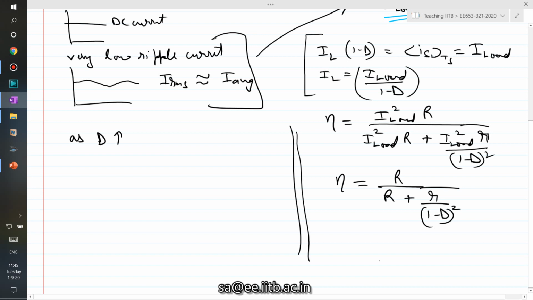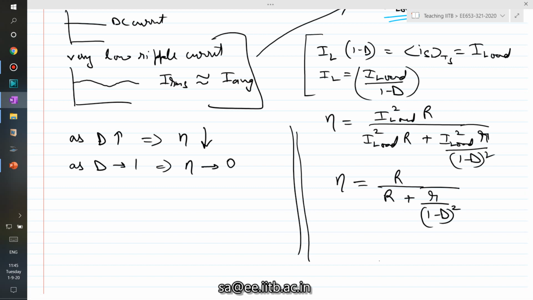So as D increases, your efficiency reduces. In fact, as D tends to 1, 1 minus 1 is 0, 1 upon 0 is infinity, and eta would tend to 0. So efficiency would become really poor as you keep on increasing the duty cycle.